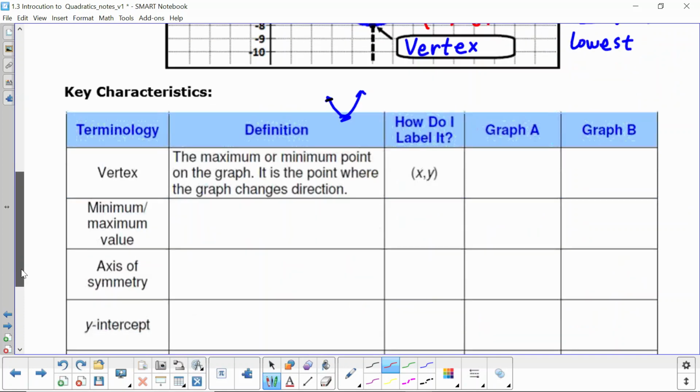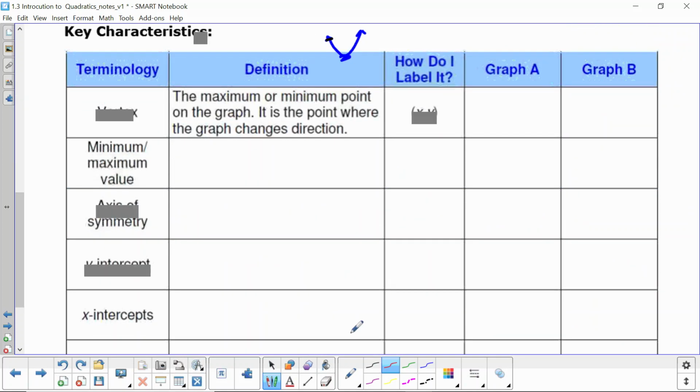Now we are going to fill in the maximum, minimum value. If the question asks you for the maximum or minimum value of a quadratic function, it is asking you for the y value of your vertex. Normally we write a vertex using the two letters P, comma Q to represent the x and y coordinates of the vertex.